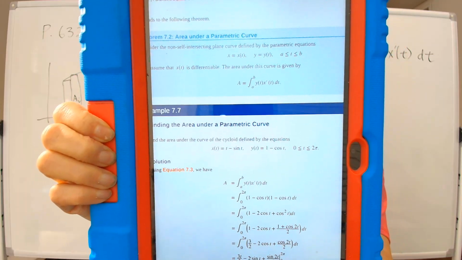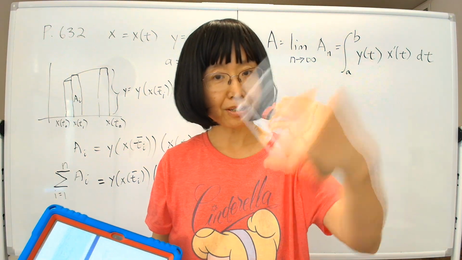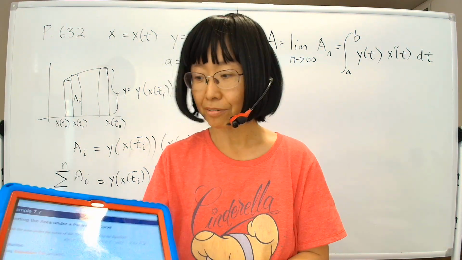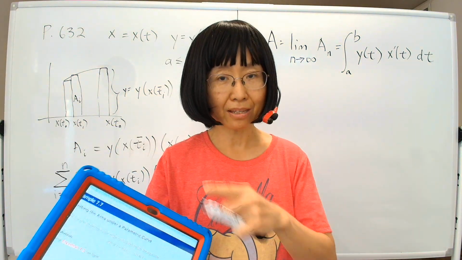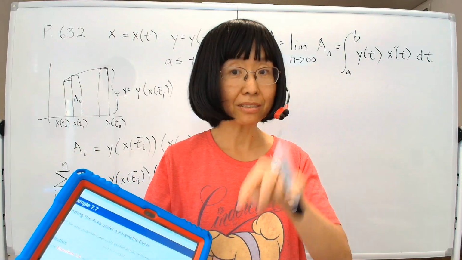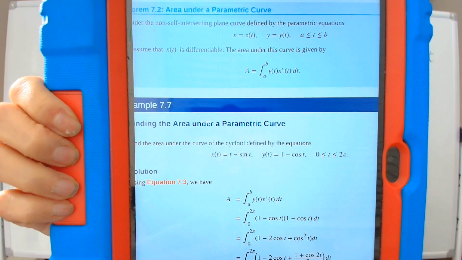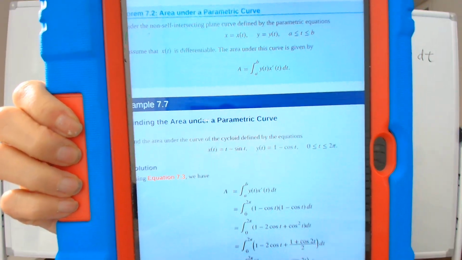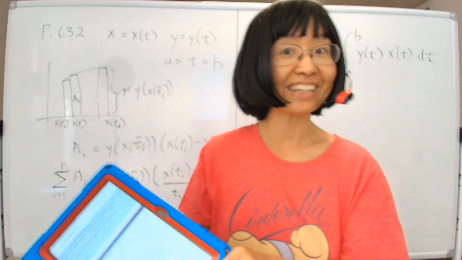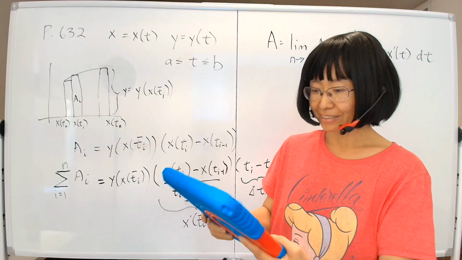That matters because if it goes around and around, you're going to crank out too many areas. The graph can't cross itself. As long as that's true, the area is the integral from a to b of y of t times x prime of t dt. So that would be our nice little area.